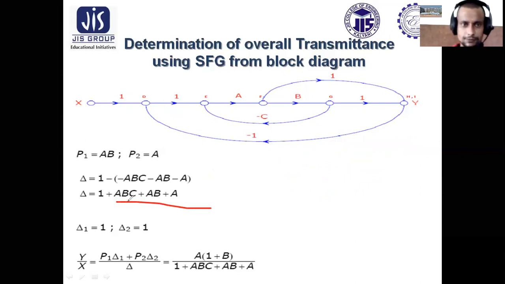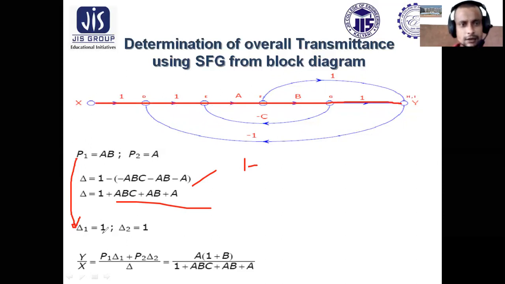Now what is del 1? Del 1 is associated with P1. P1 is this path. Now see, all the three loops mentioned here are touching the first forward path. So del 1 equals 1 minus all the loops which are not touching that particular forward path.